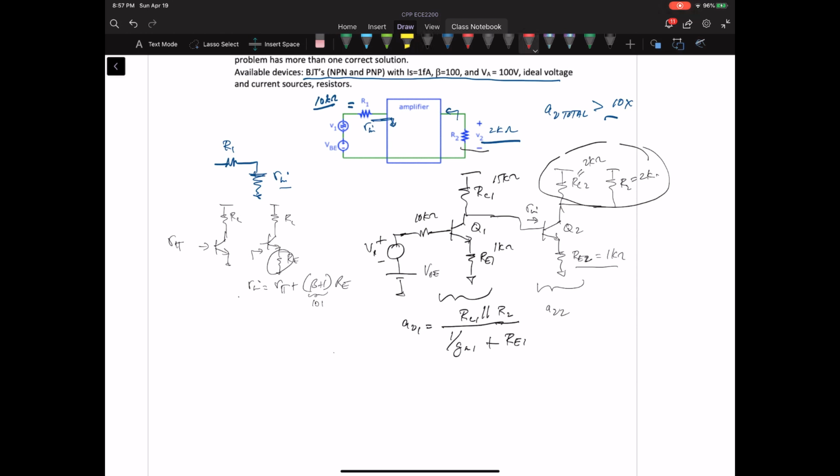Again, my gain equation is this guy, so I'm going to just rewrite it here. So AV2 is RC2. Let me just actually put numbers in here: 2K ohm, which is a number I picked. So I'm not picking a very high gain now. And for the second stage, in parallel with 1 over gm2 plus RE2, which is 1K ohm.